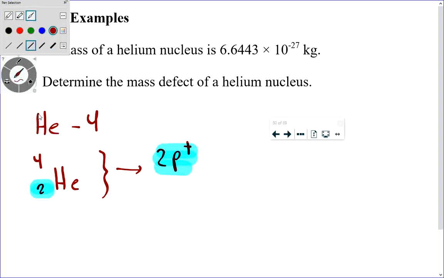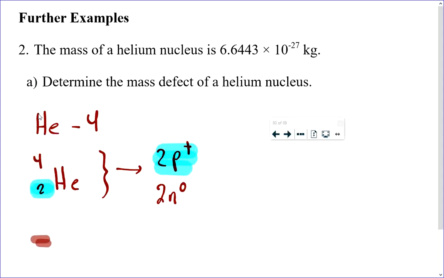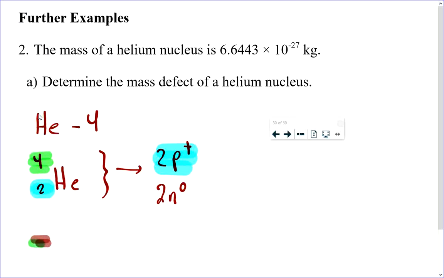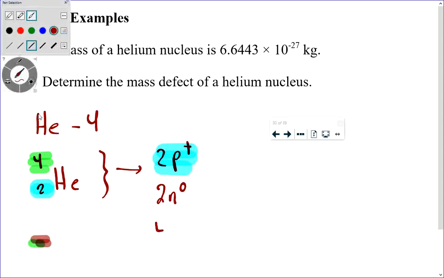It also contains 2 neutrons. Why? Because 4 minus 2 will give you 2.